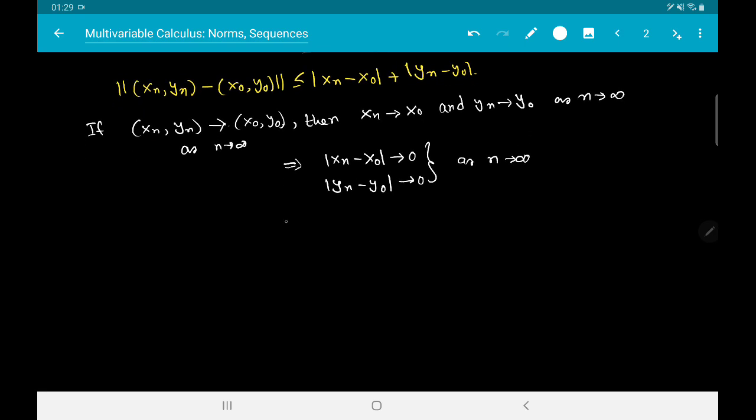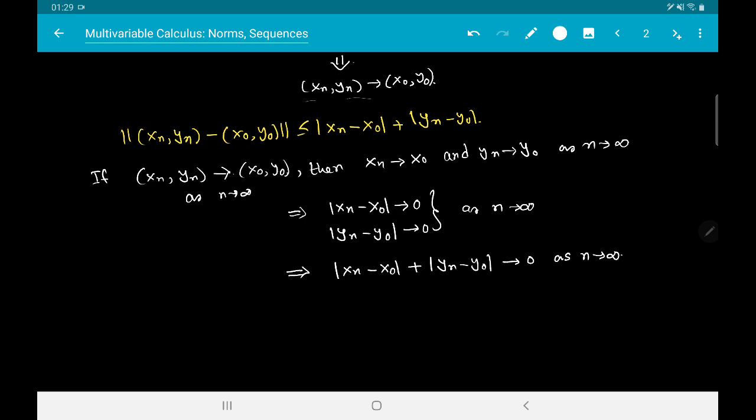If we take the sum of these two sequences, |xn − x0| + |yn − y0| goes to 0 as n goes to infinity.